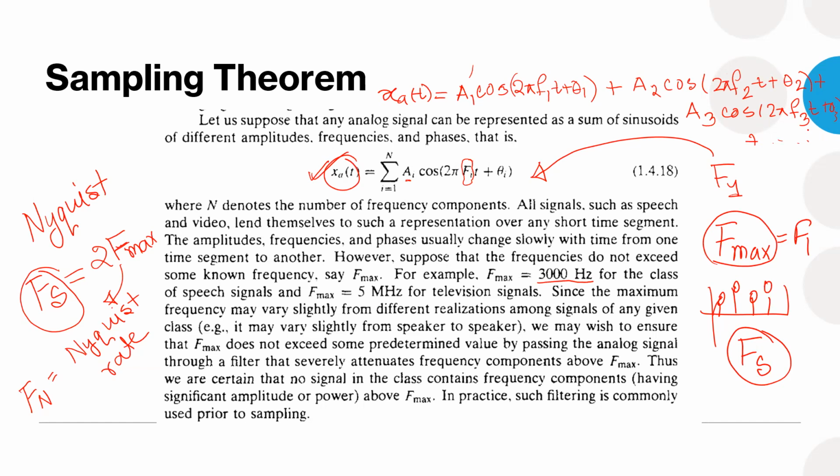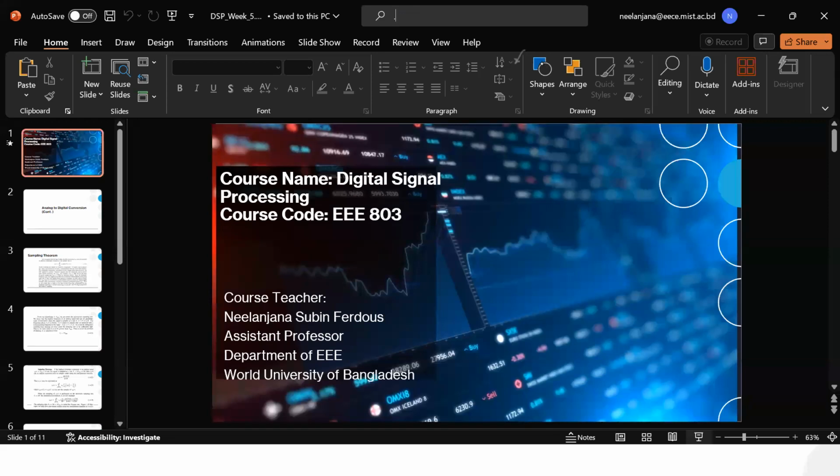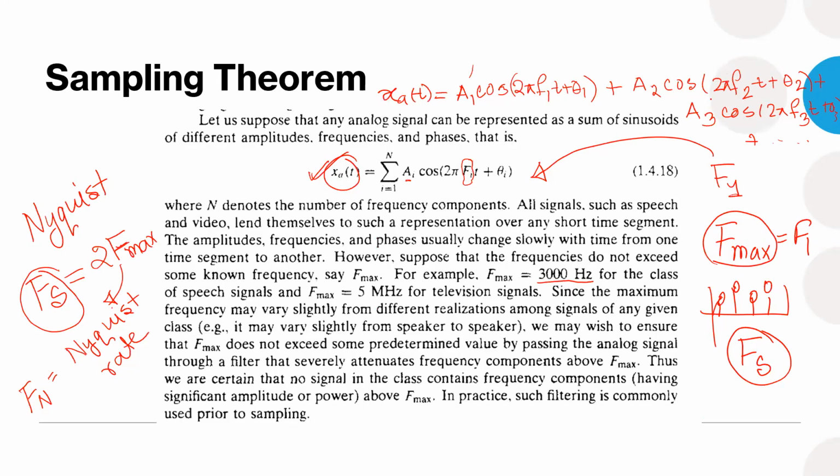So a signal can have different frequency components, and different frequency components may have different values. So we have to take the value of the maximum frequency, which is termed as F maximum.